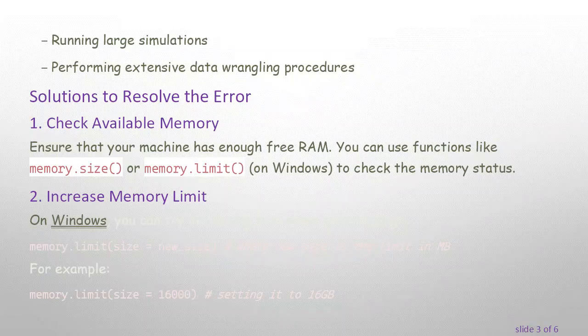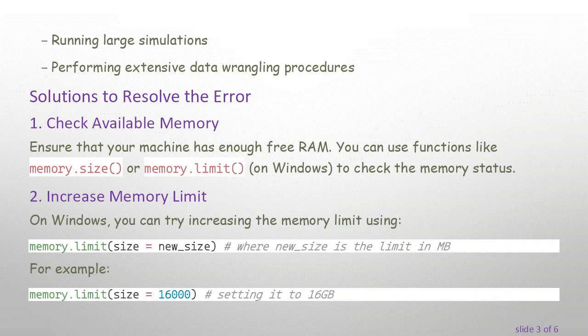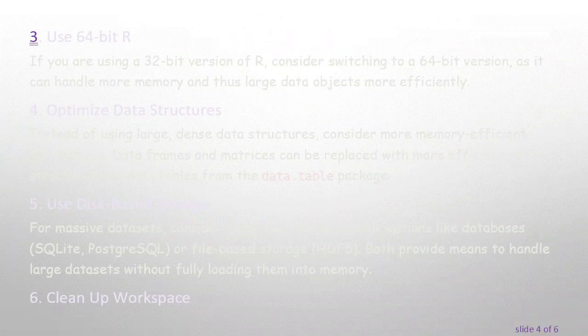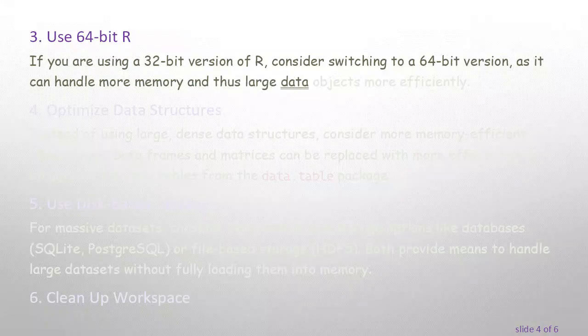On Windows, you can try increasing the memory limit using, for example, 3. Use 64-bit R. If you are using a 32-bit version of R, consider switching to a 64-bit version, as it can handle more memory and thus large data objects more efficiently.